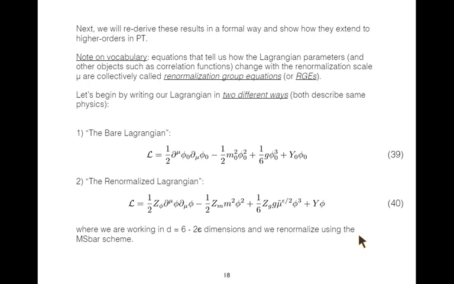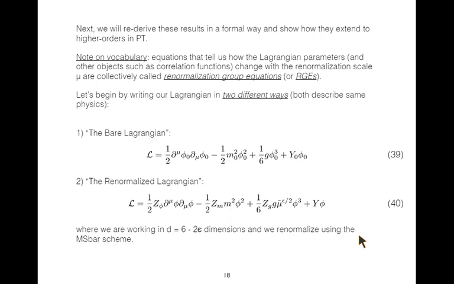The starting point of this recipe for calculating the mu dependence is to write down the Lagrangian in two ways. One, the bare Lagrangian, where the fields, masses, and couplings cannot and do not depend on the scale. The other is what we've been working with, the renormalized Lagrangian, where you have your counter terms.